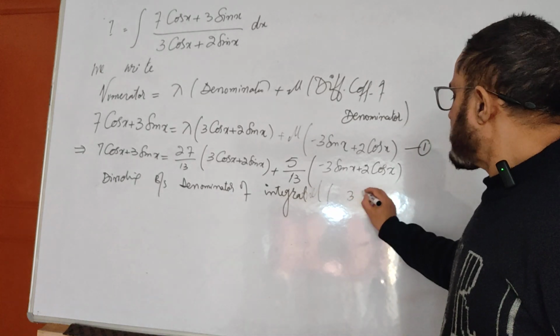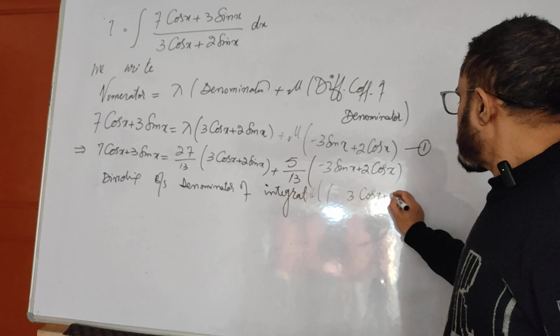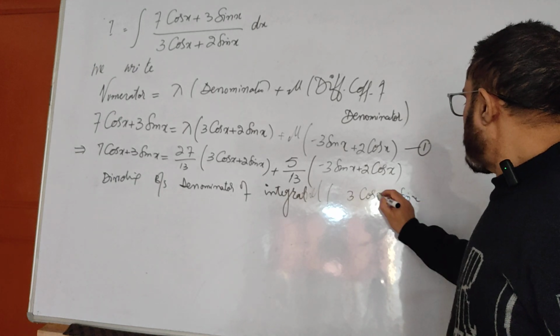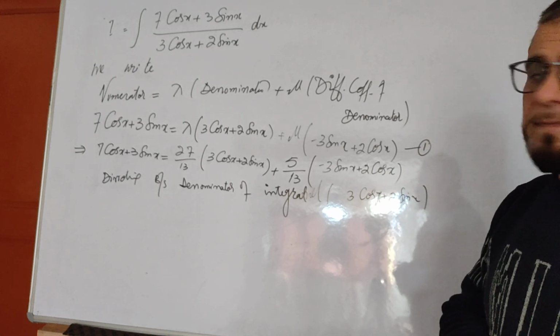It is 3 cos x plus 2 sin x. We divide both sides by this.